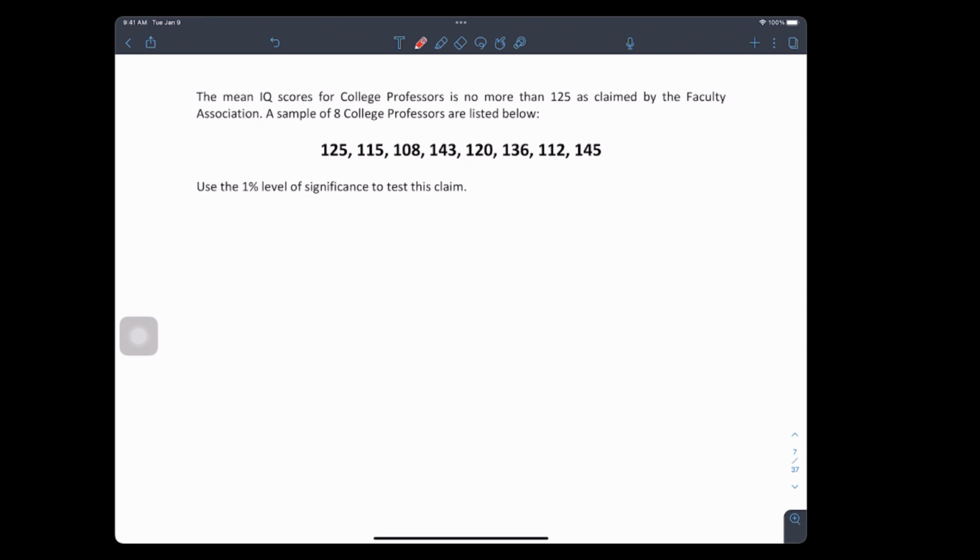Let's try this one out. This is a hypothesis testing question, ladies and gentlemen, about a mean for a small sample, because that's what everything is on this sheet. But what are we going to use? We're going to use the modern method, the p-value method.